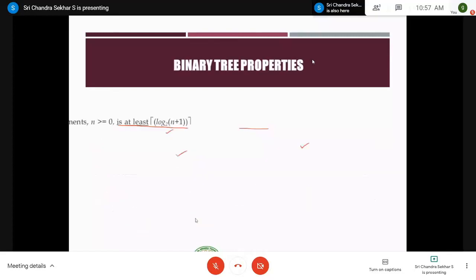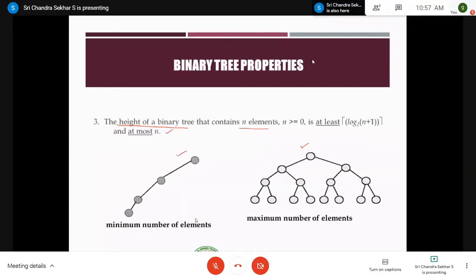But in the third property, you can clearly observe that we are giving a relationship between number of nodes and h. So if number of nodes is given, what is the height? What is the minimum height a binary tree can have? What is the maximum height a binary tree can have? So these formulas are very important. You probably will get some questions on this.